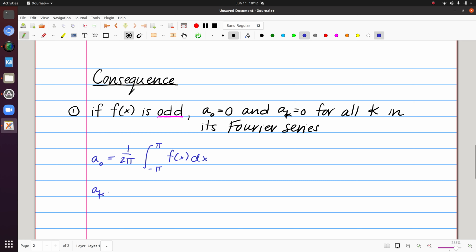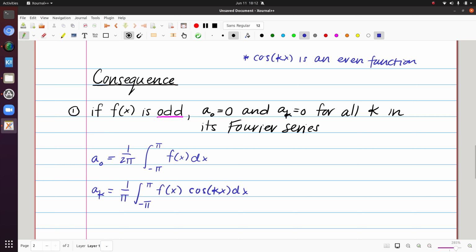a sub k is 1 over pi, the integral from minus pi to pi of f of x times cosine of kx. Now, remember that cosine is an even function. So cosine of x is, but so is cosine of kx for any k equals 1, 2, 3, etc. And also sine of kx is an odd function.